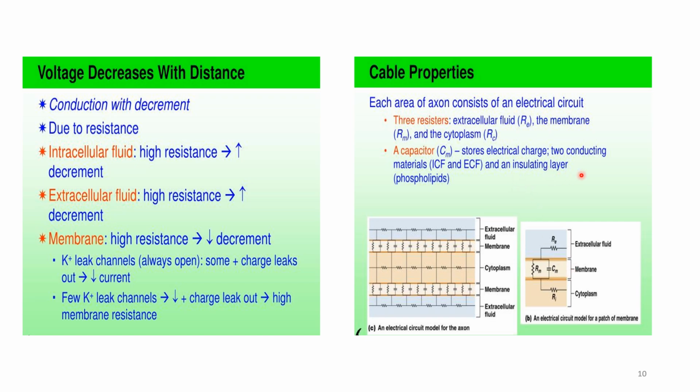Two conducting materials are there, ICF and ECF, and you have an insulating layer of phospholipids in the membrane in between them. So in between them you have a capacitor. So the cell membrane acts as a capacitor. It stores the electrical charge.